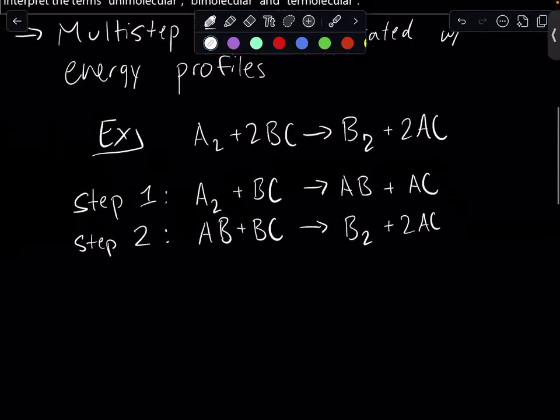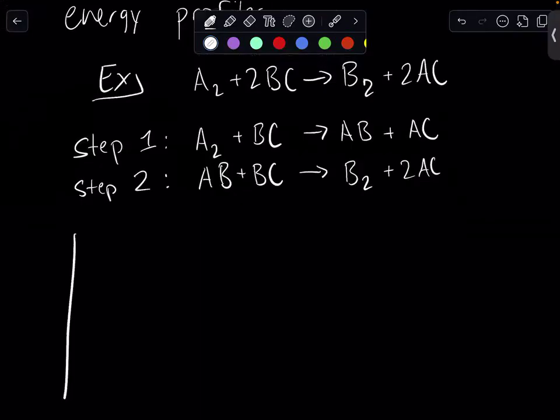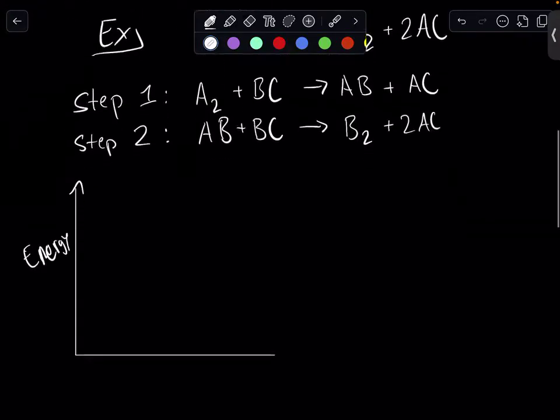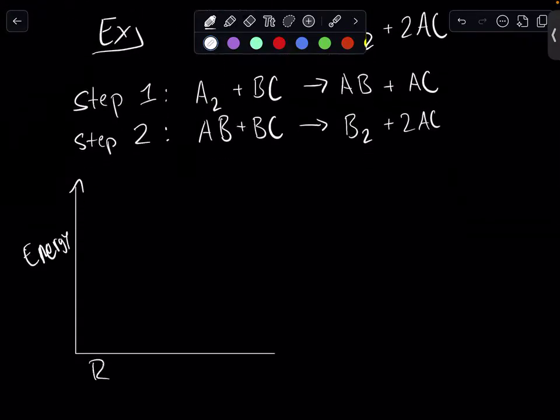So here's our step one and step two, and we'll represent both of these reactions in our energy profile now. As we make our energy profile, we're going to take care to represent each step properly. We'll make sure that our y-axis is energy, as this is an energy profile, and our x-axis will be reaction progress, so we can determine the progress of the reaction.